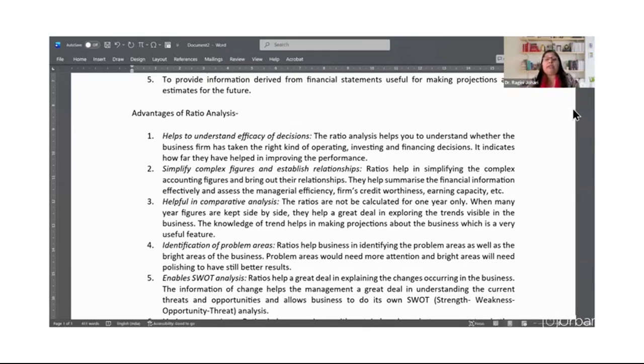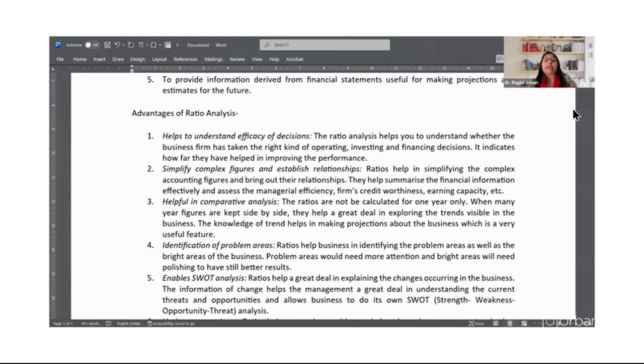He would not understand which number is saying what, or how to analyze those numbers. So these ratios make these numbers and figures quite simple to comprehend. Comprehension becomes easy through these ratios. Hence, even a non-accounting person sitting in the management of the company can understand the meaning and can take decisions on the basis of those ratios.